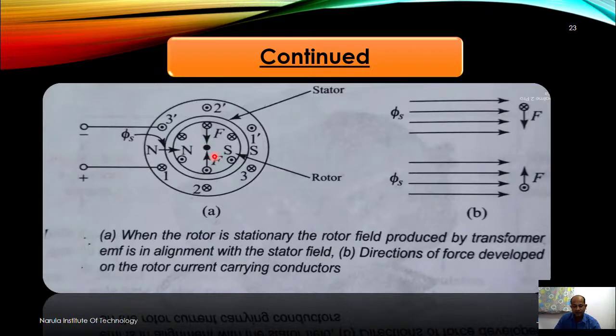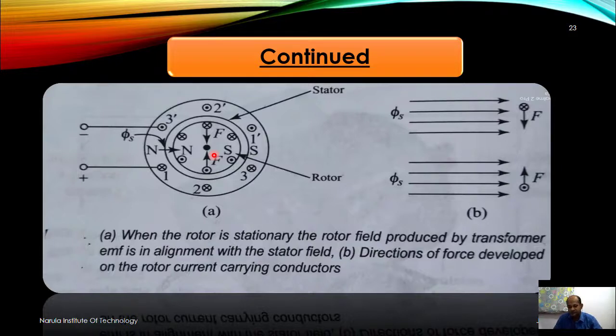When a single phase supply is given to the stator, an alternating pulsating magnetic field is produced, sinusoidal in nature. It will increase in one direction, then become 0, and then increase in the opposite direction. This alternating field induces an EMF in the rotor conductors by transformer action, since the rotor has a closed circuit with the end rings.